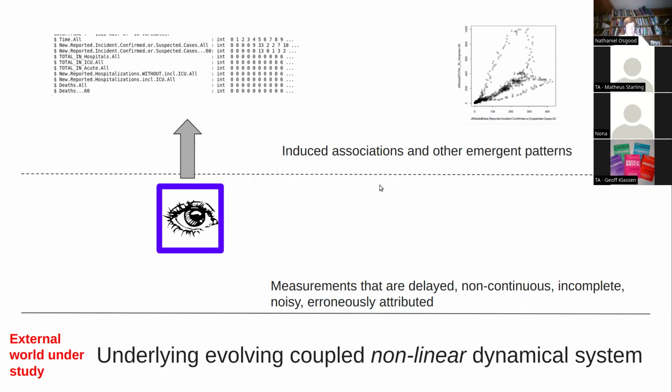And measurements that come from this are delayed. They're often non-continuous. They're often incomplete. They're noisy. They may be measured inconsistently over time. And they're often erroneously attributed. We have false positives and we have false negatives, etc. And they're contingent. They're contingent on the system.